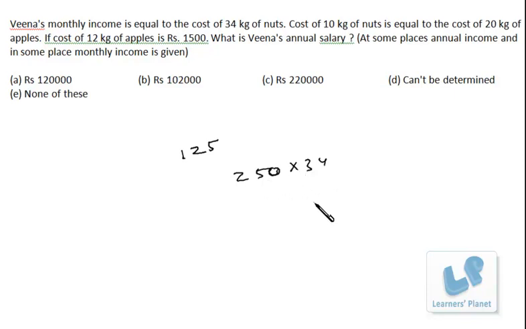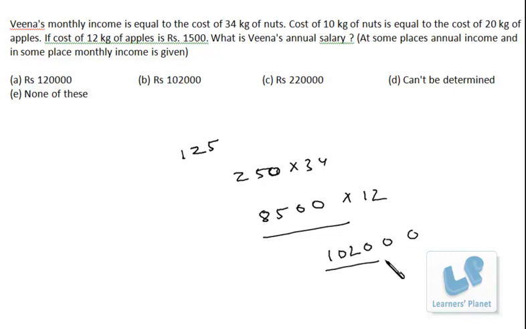So 25 fours are 100, 25 threes are 75, and that makes 85. So it's 8500. And we have to find out annual salary as well. So 102,000. Okay.